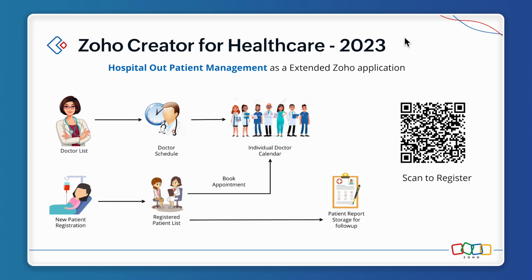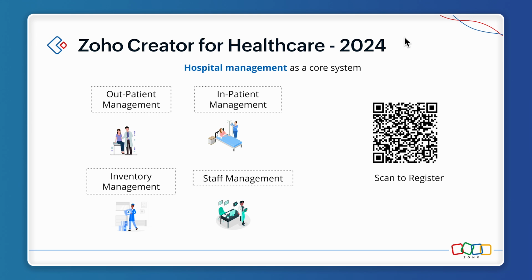Now, in the year 2024, we had another application created for the healthcare system that was based on hospital management, wherein the application was created as a core system. The outpatient management, inpatient management, inventory management, and even the staff management were monitored and managed under the specific application, where the automation was throughout these four major processes, right?